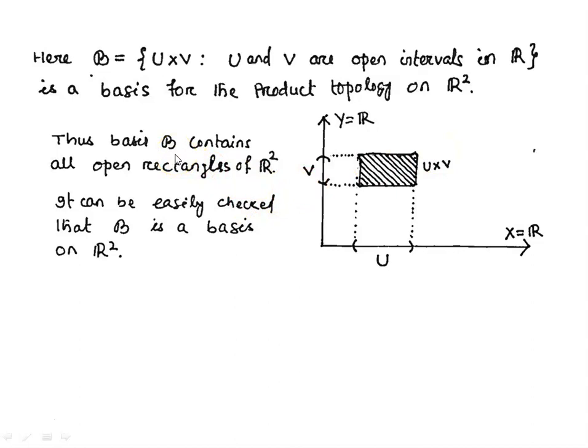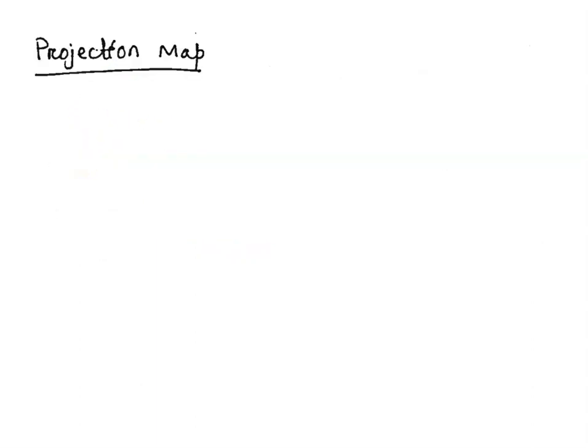So B containing all open rectangles of R square satisfies the conditions of a basis. So B is a basis. And this basis generates a topology which is the product topology on R square.